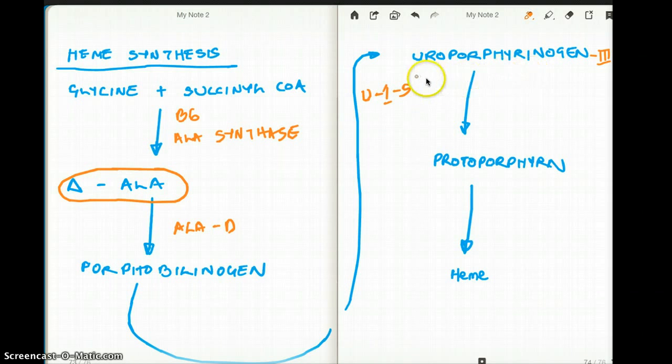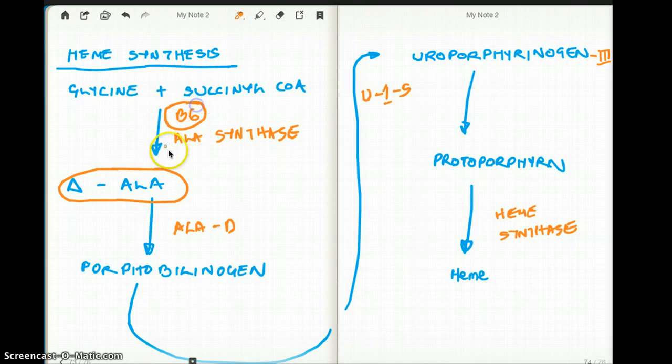Now uroporphyrinogen 3 is then later on, after a couple of steps, converted to protoporphyrin, which then gets converted to heme, and here we're using the enzyme heme synthase. So really we're using only one vitamin in the entire heme synthesis, and that is B6. There is no other vitamin anywhere else, so it's quite important.